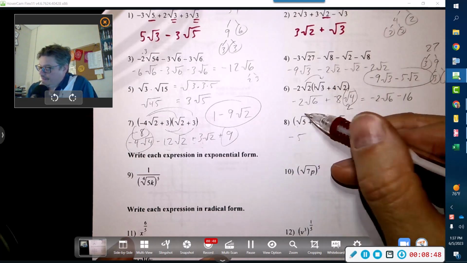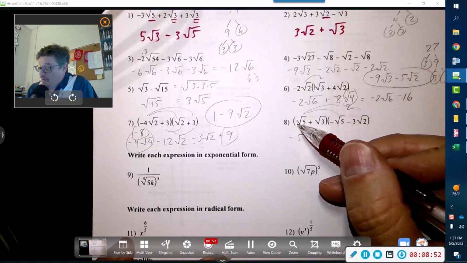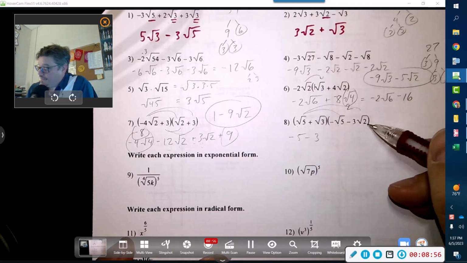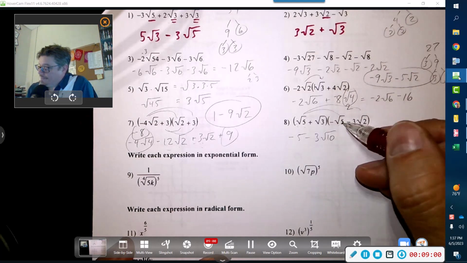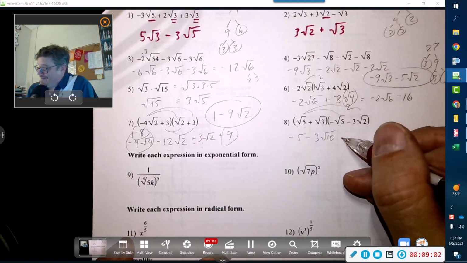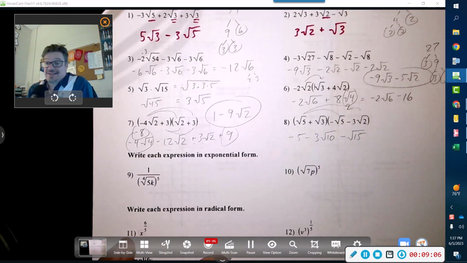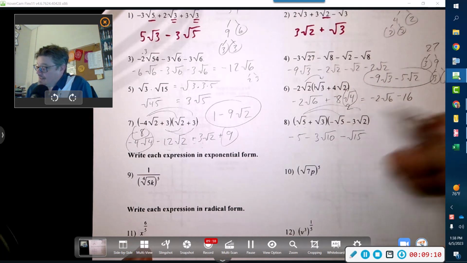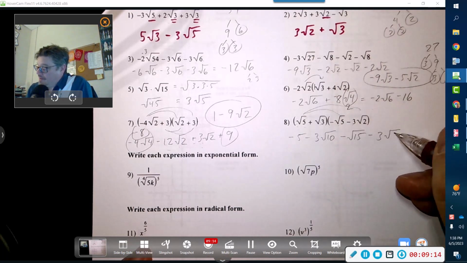Okay, so that's this. Now I'm going here. Negative 3 times positive 1 is just negative 3, but then radical 5 times radical 2 is radical 10. Radical 3 times negative radical 5 is negative radical 15, which does not simplify, by the way. And then you've got this guy times this guy, which is negative 3 radical 6.